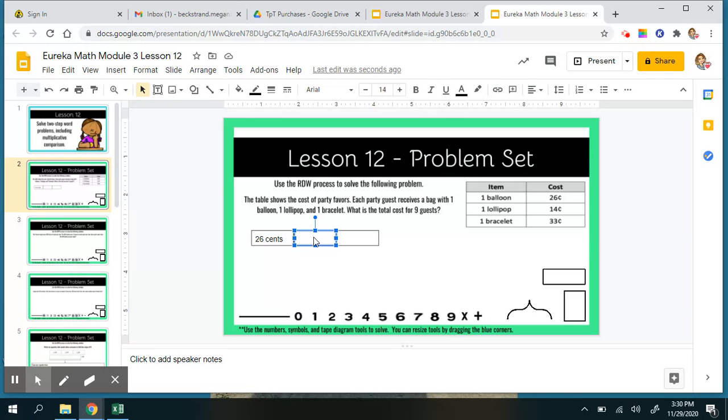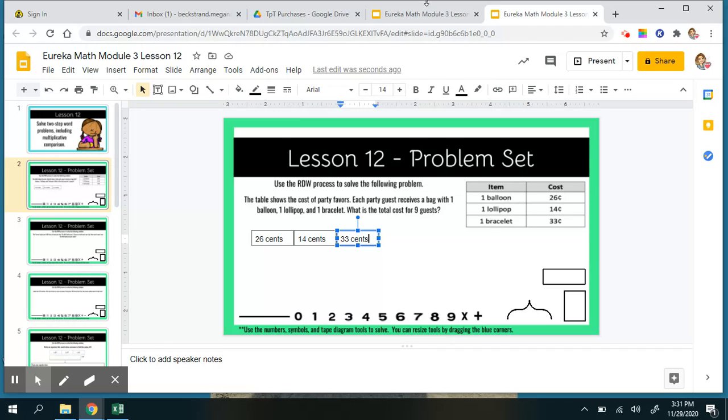And then this one is going to be 14 cents, and that is our lollipop. And then we have 33 cents for the bracelet. So to find out our total cost per bag, what are we going to have to do?